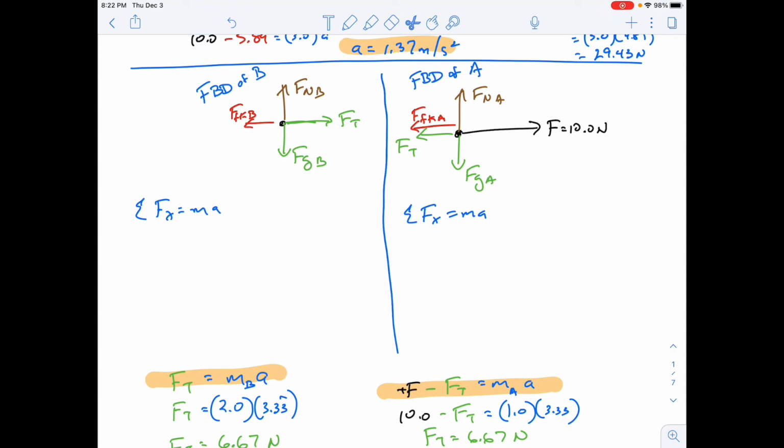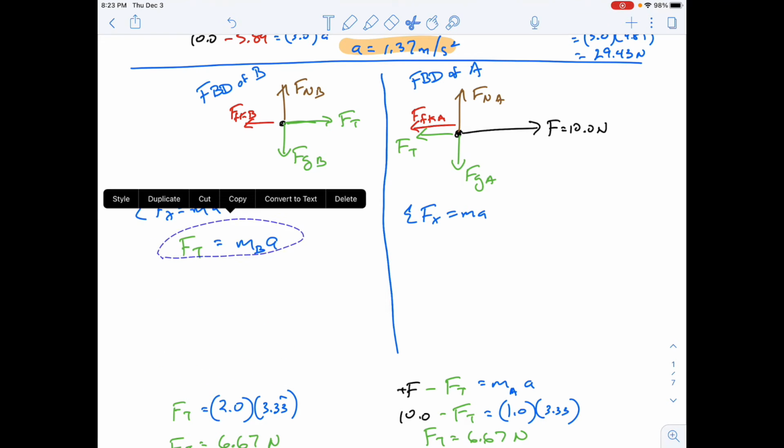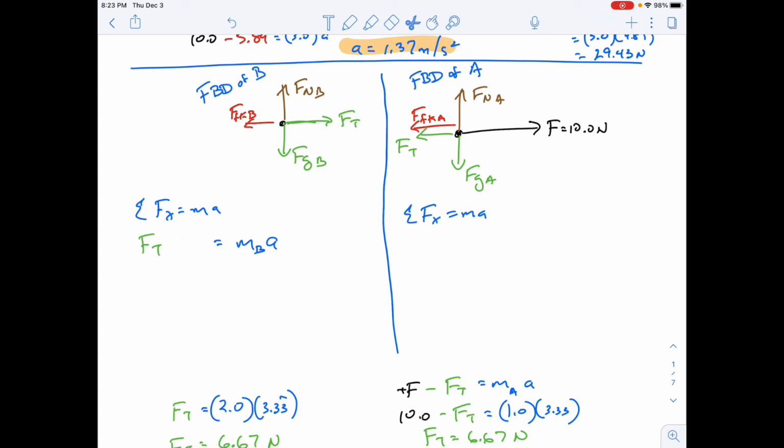But still, that's going to change a lot of the work that we had done before. So I'm going to keep the same statements, except I have to add or subtract the friction in now, in each case.